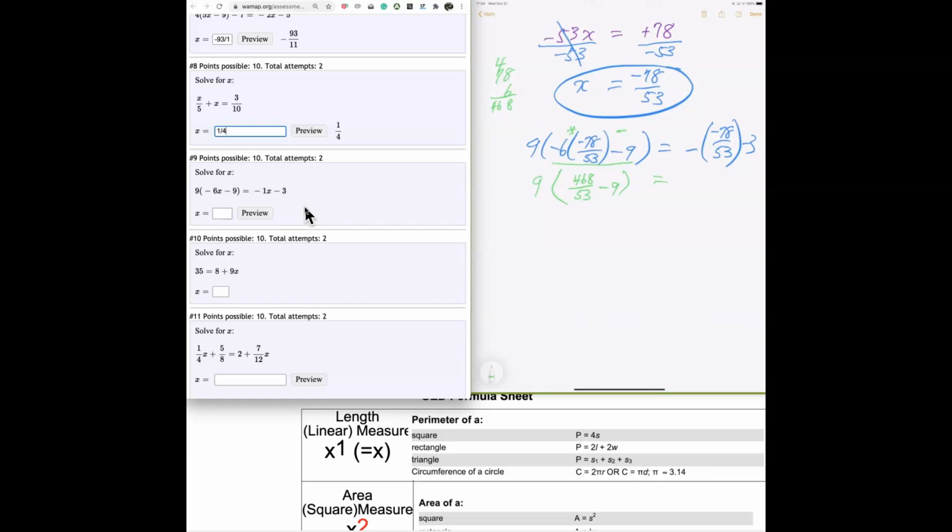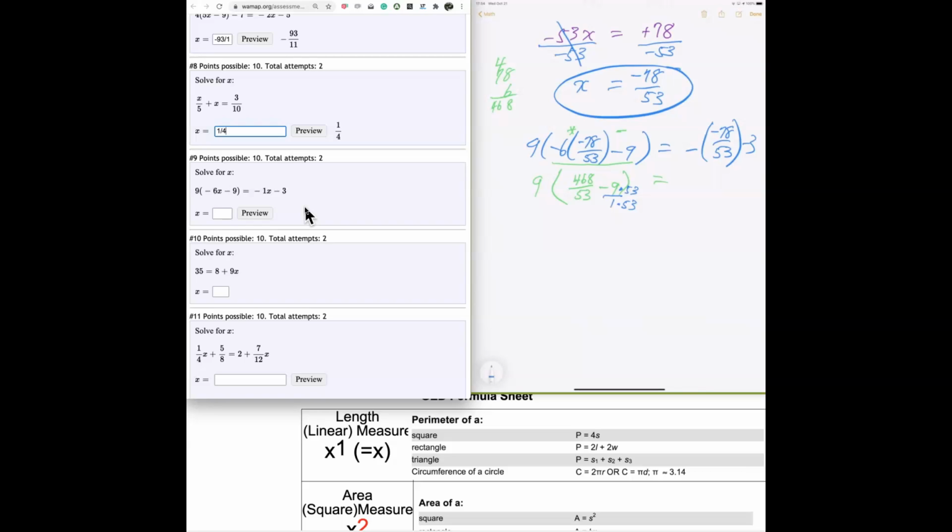So 468 minus 9, we can write this as minus 9 over 1, right? Just turn that into a fraction. And then we need to have the same denominator. So we're going to multiply the top and the bottom by 53. And 53 is a prime number, so we can't factor it down.